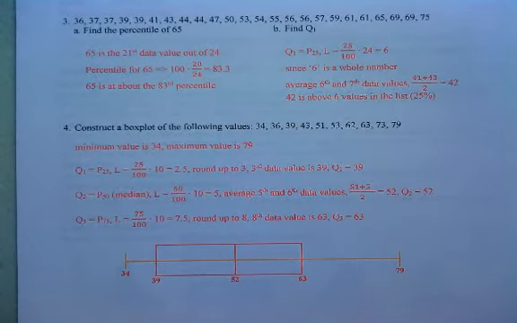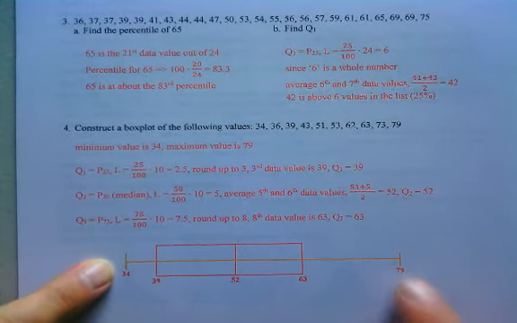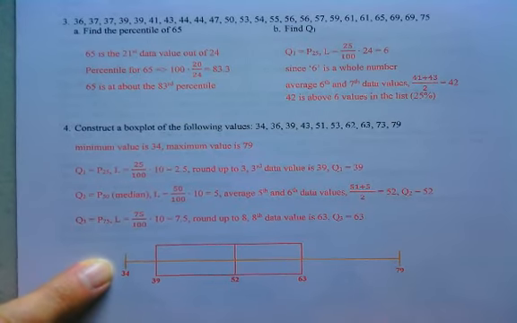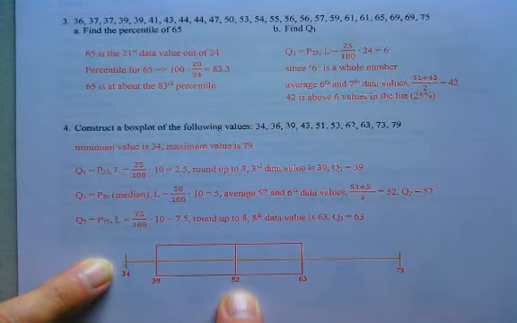And now we can make our box plot. Now, if you are doing this by hand, I'm not that worried about you using a ruler and everything perfect, but it should kind of represent the numbers in your data set. So we're going from 34 up to 79. So, 52, which is the median value, needs to be in the middle of these two.